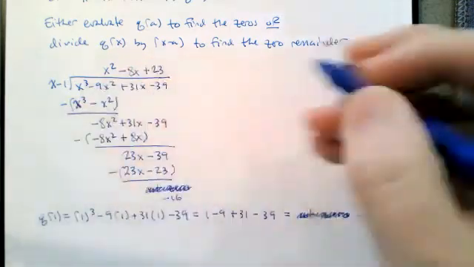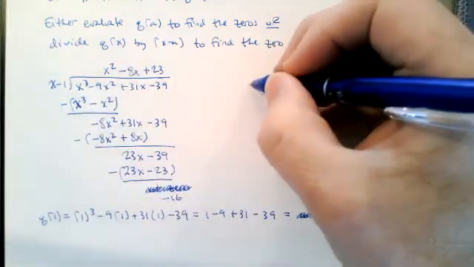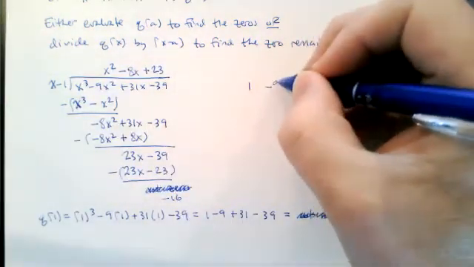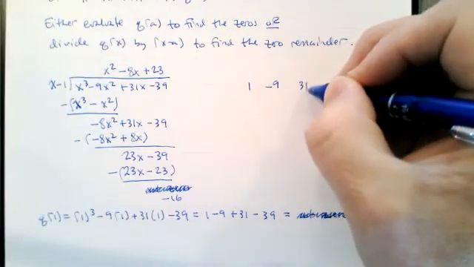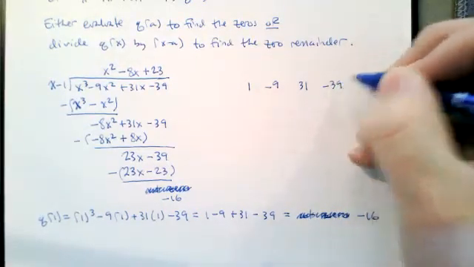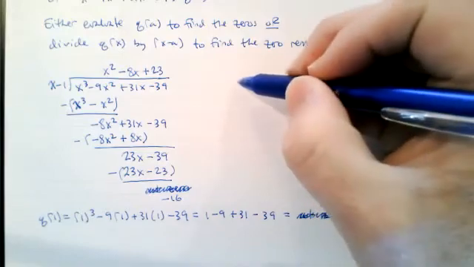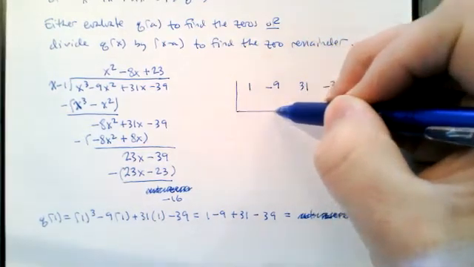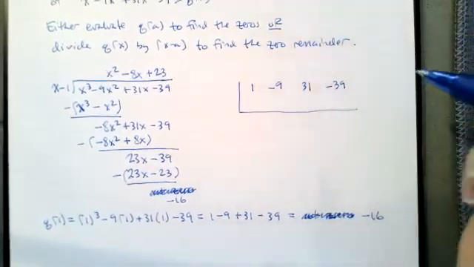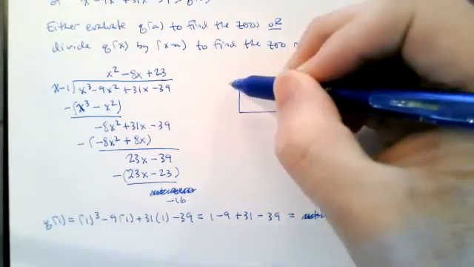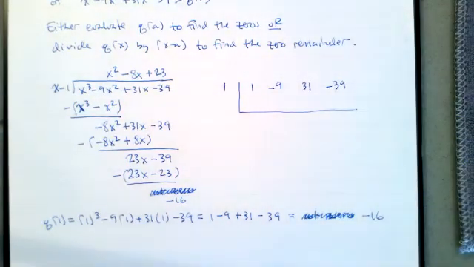And let's call this polynomial just 1, negative 9, 31, and negative 39. And then let's divide this by, I know it looks all backwards, x minus 1. So I'm going to put a 1 up here.